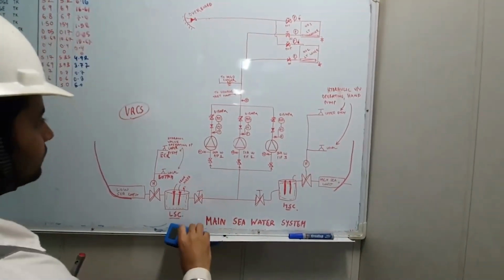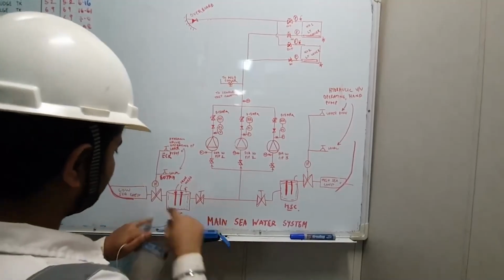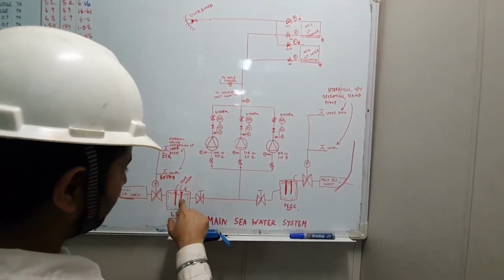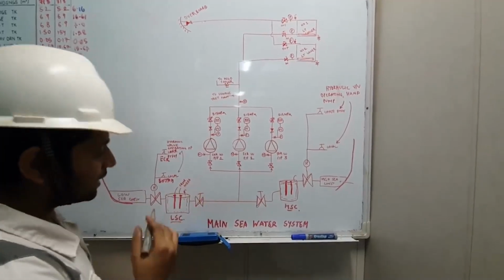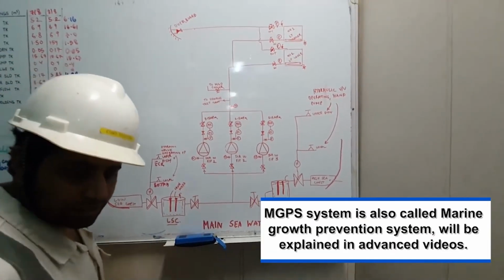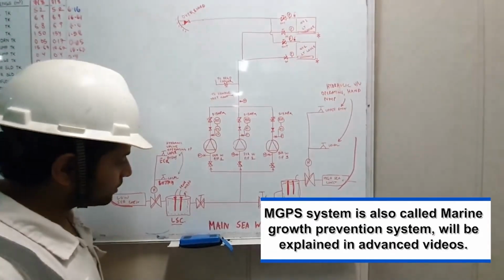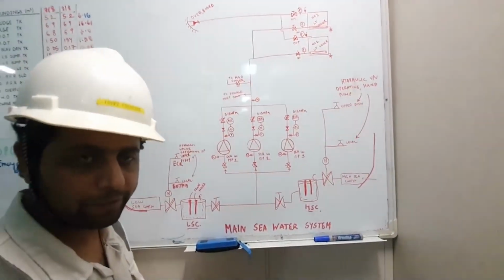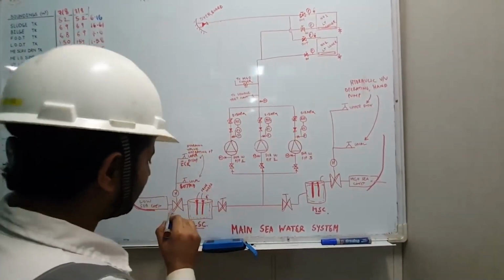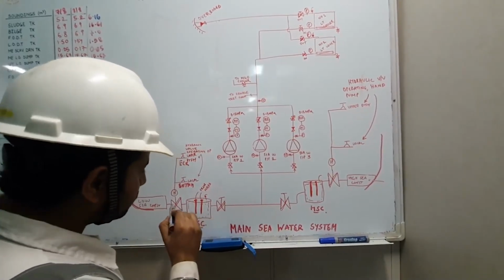Perfect guys? Now suppose you have opened this valve, so from the low sea chest water comes over here. This is my low sea chest filter fitted along with MGPS anodes. To understand this MGPS system and the MGPS anodes, you have to go through my corrosion section, where I have made videos about MGPS anodes. Anyway, there's a filter fitted over here. Water comes in through this filter.